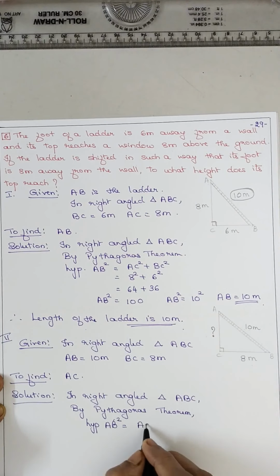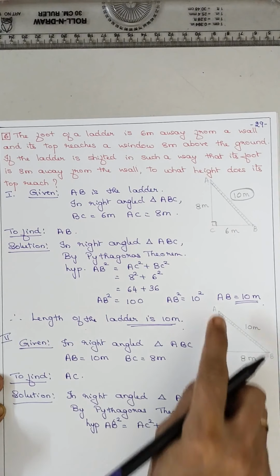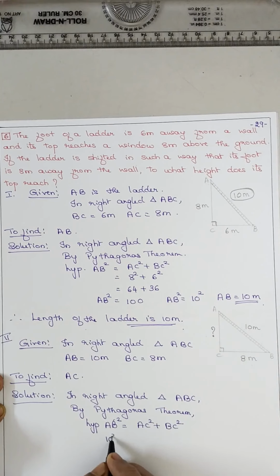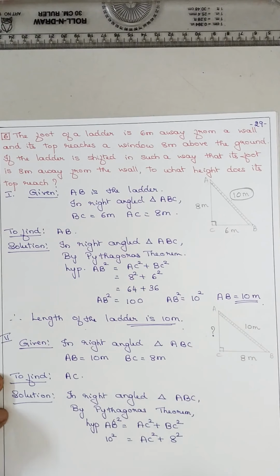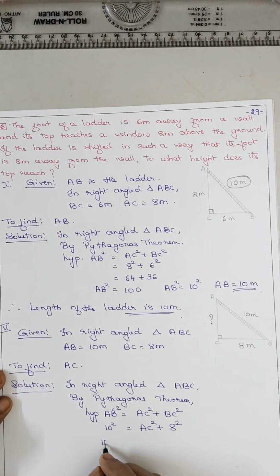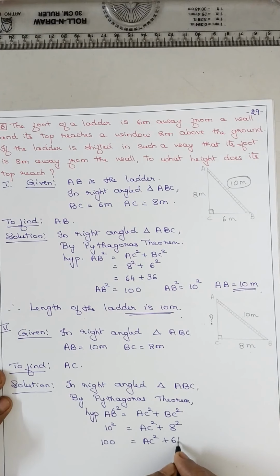AC squared plus BC squared. Now this is 10 square, AC you don't know, BC is 8 square, so it is 100 is equal to AC squared plus 64.